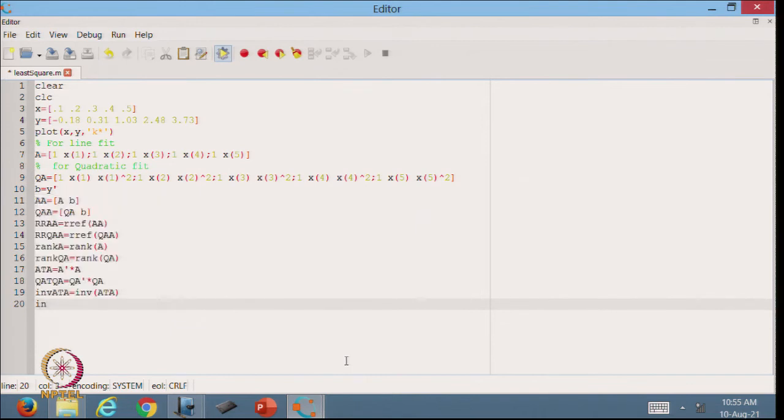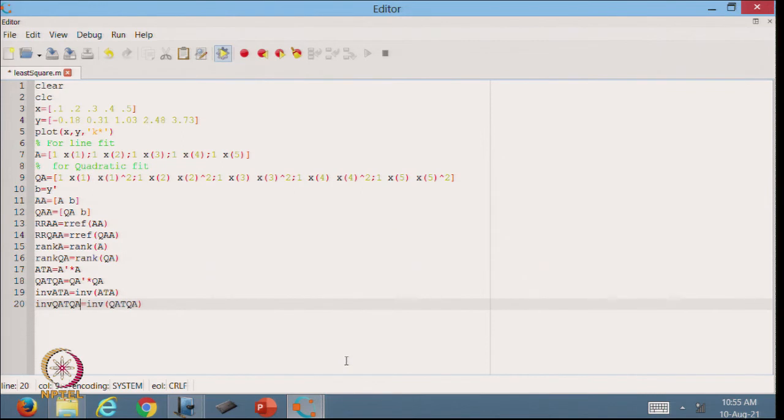Similarly, I can define the inverse of QA transpose QA, and I am giving these names.